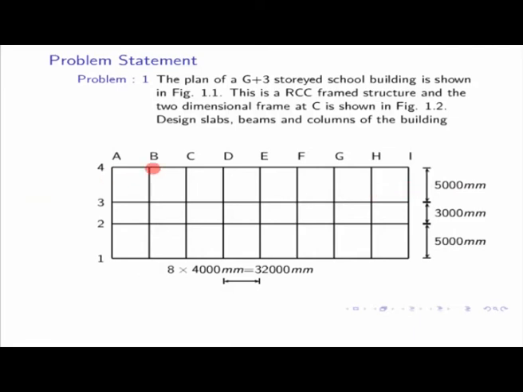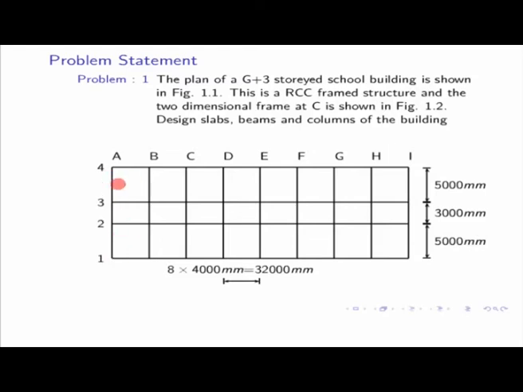To make my life simple, I can design just any one of them, either these or this, solve the problem, and then implement it in construction. That way it is not economic, because this frame will require less strength compared to this one, since I am taking half of the load here.